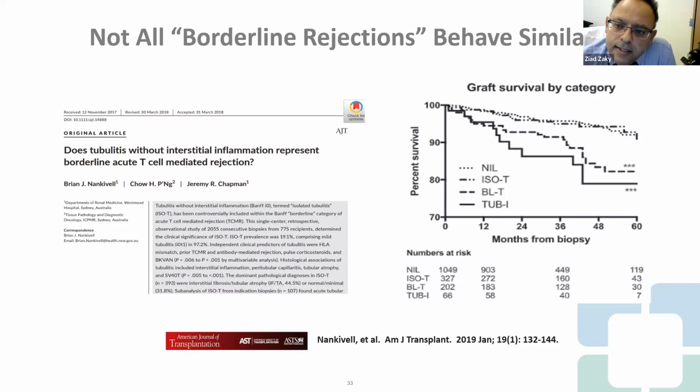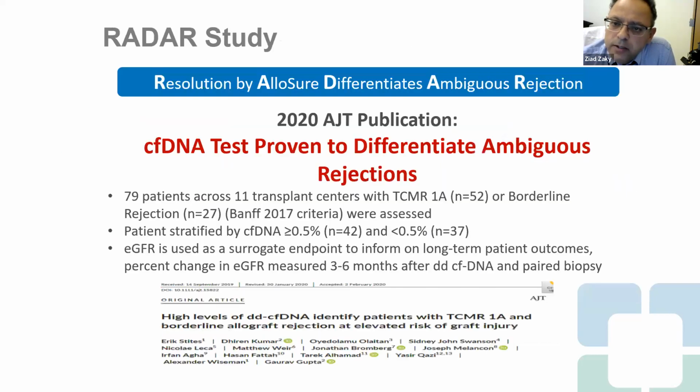So then came the study called RADAR study. And basically in RADAR study, they were trying to differentiate between this T-cell mediated rejection 1A versus borderline, which one needs to be treated, which one maybe doesn't need to be treated.